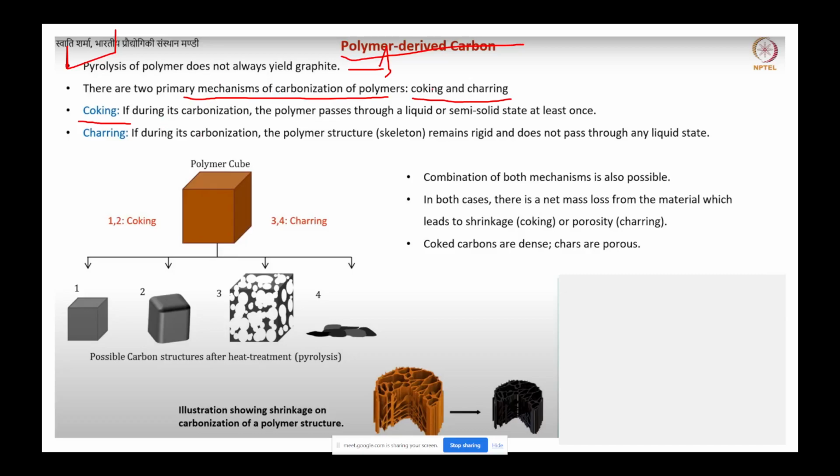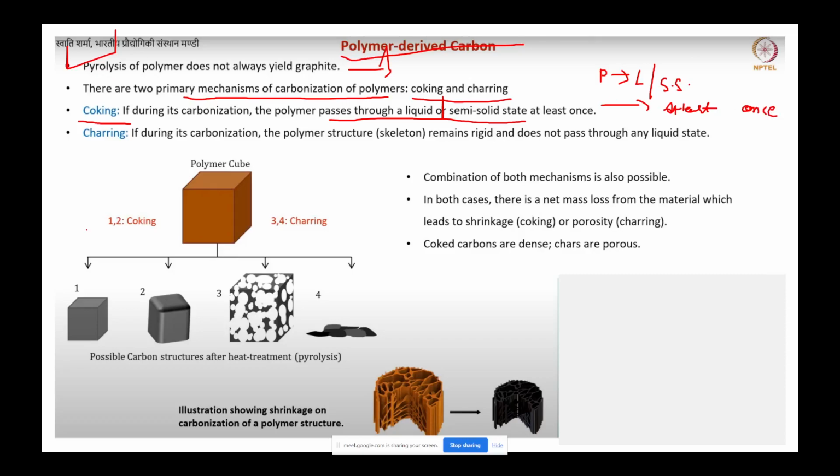So, during carbonization in coking, the polymer passes through a liquid or semi-solid state at least once.